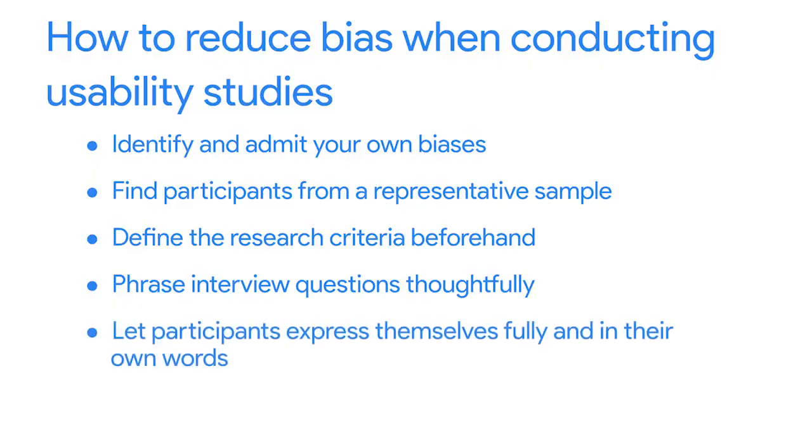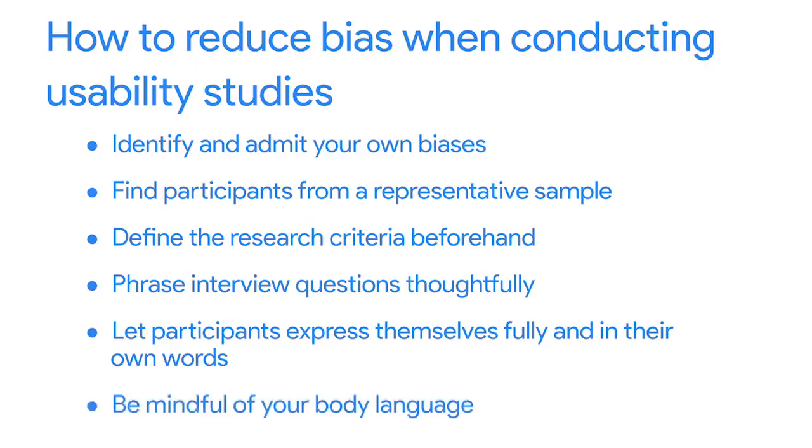Stick to open-ended, non-leading questions like, how did it go? What was your experience like? Or what worked and what didn't work for you and why? Remember, the goal of usability studies is to get honest feedback from the participants. In addition, let participants express themselves fully and in their own words. During the usability study, make sure you understand exactly how participants feel and why.